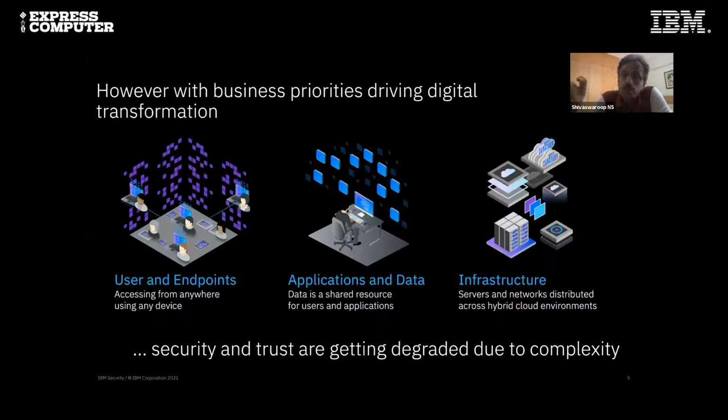So because of the increasing adoption of various new technologies, that is essentially accelerating many of the business initiatives, security and trust are getting degraded because of the complexity that adoption of these digital technologies is bringing to the table.